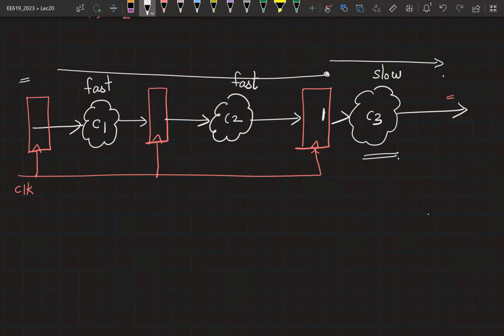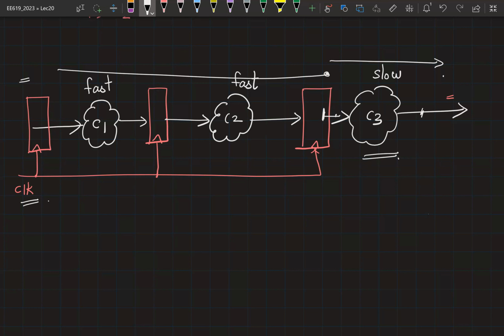Which means by the time C3 is evaluating the output correctly for a given input, the data would have already changed. So we need some sort of mechanism to hold the data in between. Okay? For that, we can introduce some sort of memory element which gets triggered at certain edges. And for that, we use a clock signal.